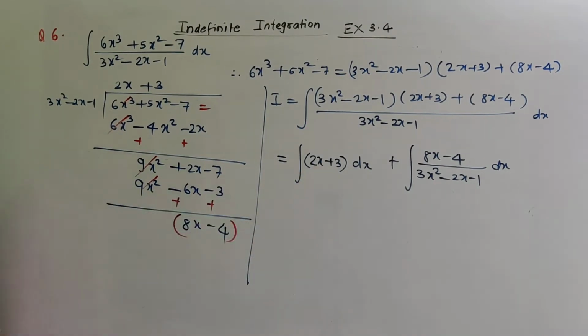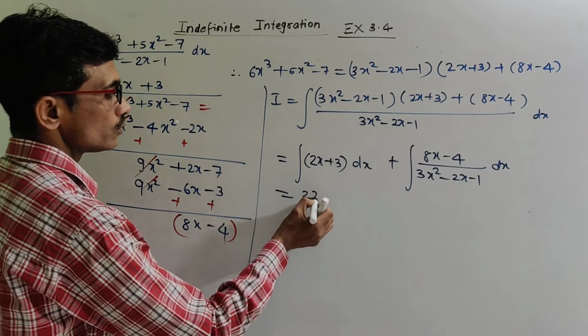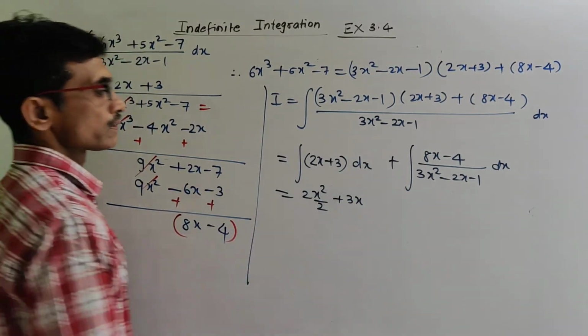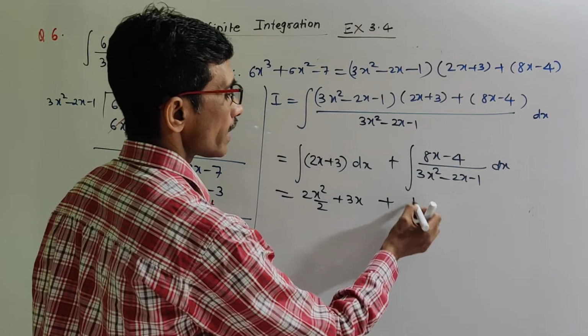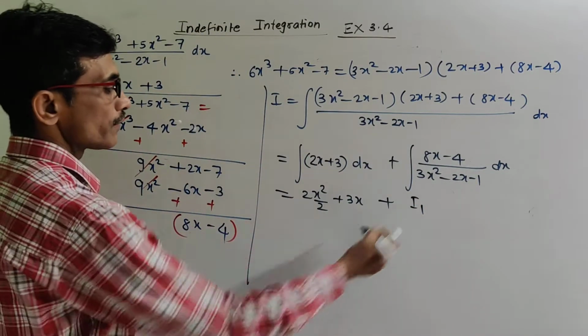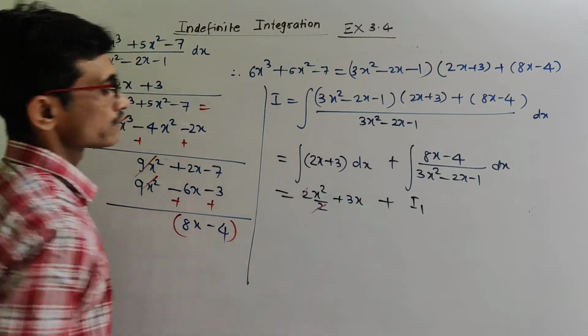Now this we evaluate it: 2x²/2 + 3x plus, let us denote it by integral I1. This 2 is getting cancelled.